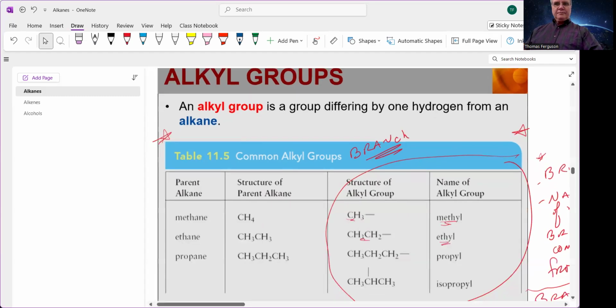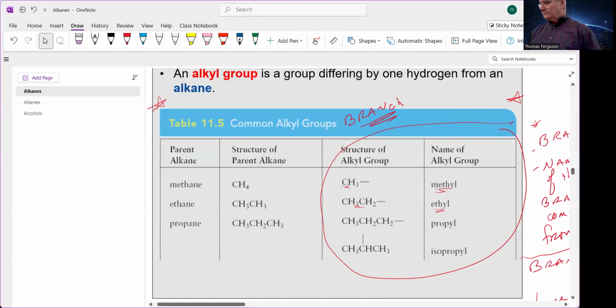Okay, so whenever we have a branch, we use slightly different naming conventions than if it's a backbone.